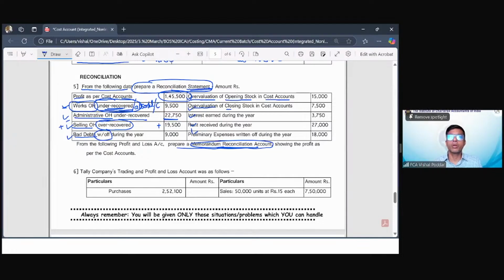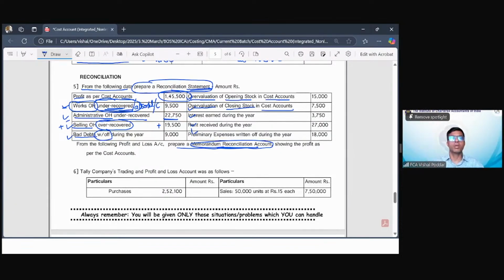Again, overvaluation of closing stock in cost books. Now, we all know closing stock is a credit item. And if a credit item is overvalued, what is the impact? It will increase my profit. So my profit is increased. Which profit? Cost profit. So because it is closing stock and it is overvalued in costing books, my cost profit is increased. Now this is my starting point.